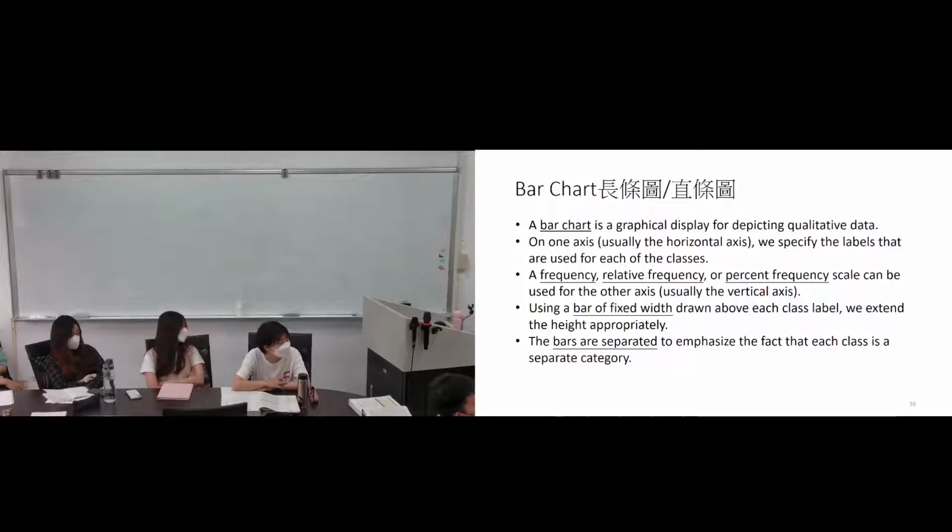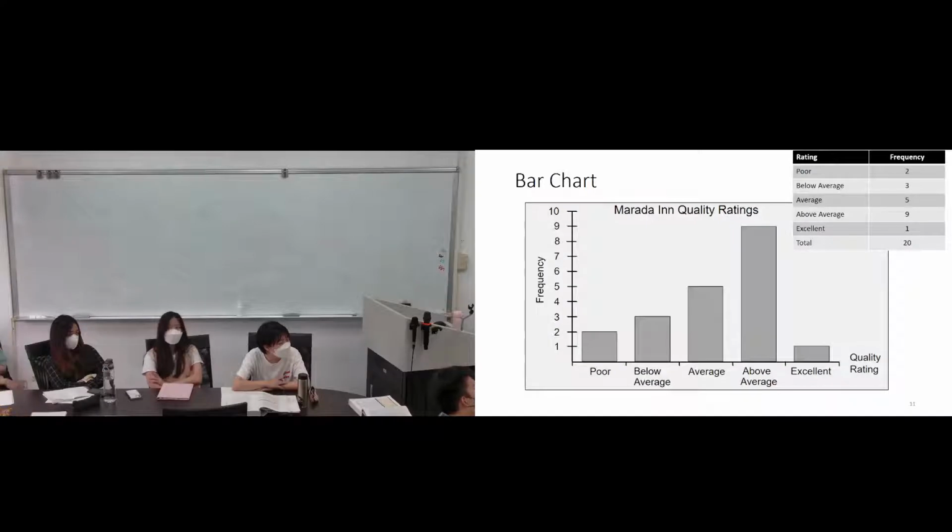And we should be aware that all the bars are separated to emphasize the fact that each class is a separate category. So from the Miranda N frequency, we can use the bar chart. Again, on the horizontal axis, we display the quality rating.